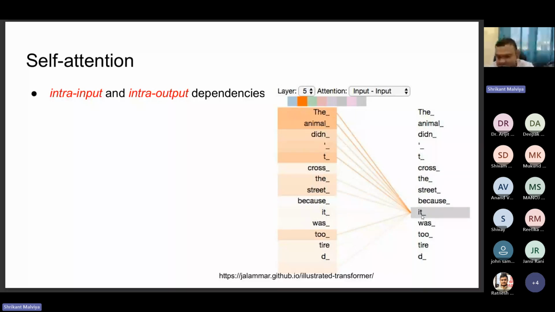It is more related to the animal, not so much related to the street. There are some terms very close to it, with which it is associated. This way, each and every word gets an idea of how much it is attending to every other word, and it helps generate a representation for the given term in a more unique and dynamic way.